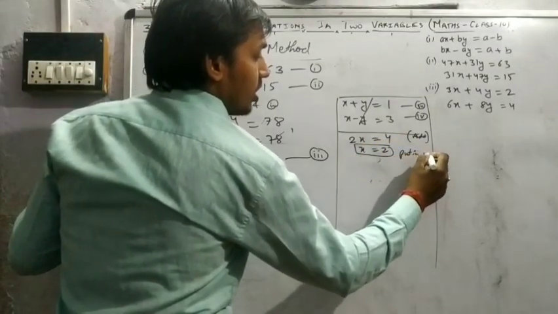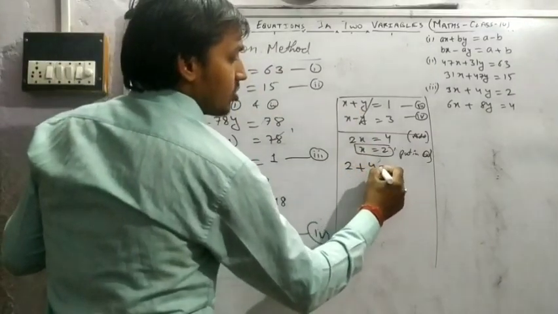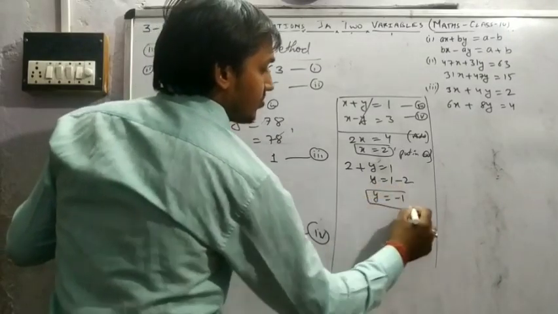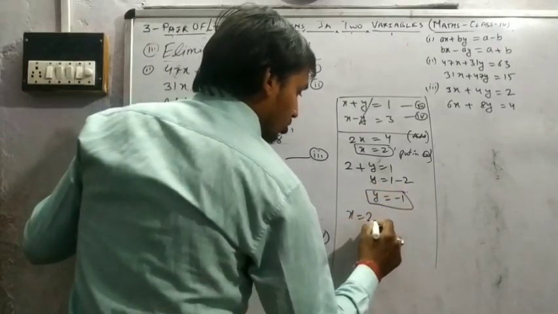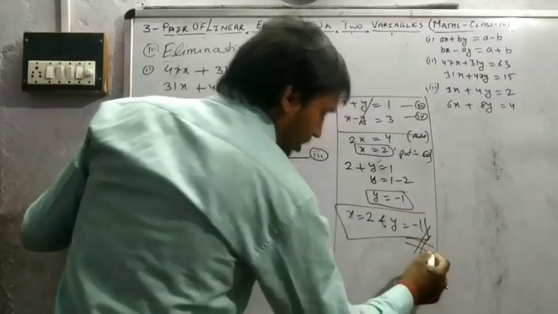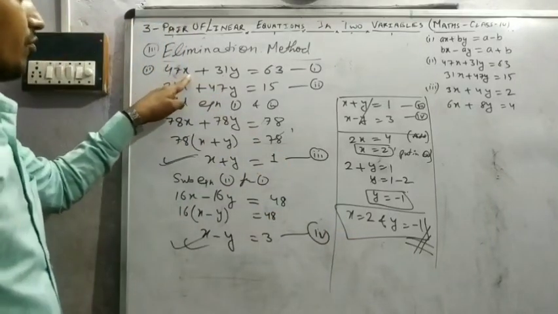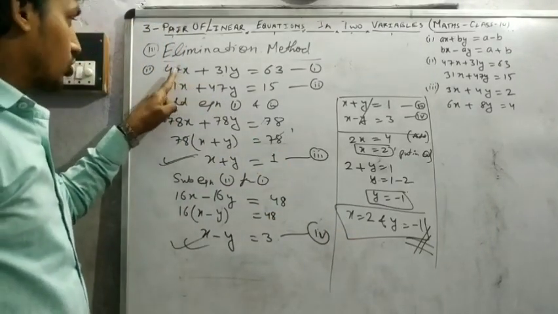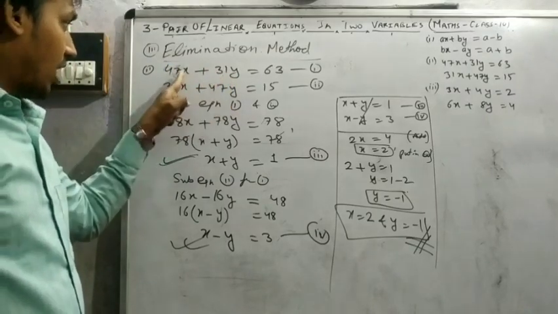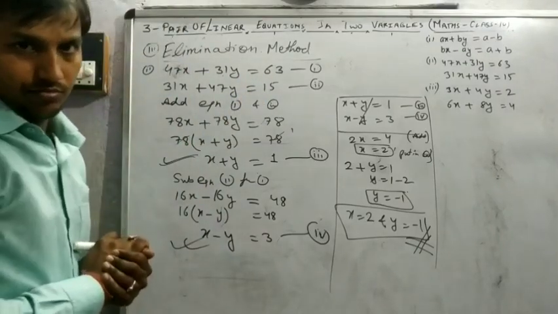Put it in the third equation, not here. 2 plus y is equal to 1, y is equal to 1 minus 2, y is equal to minus 1. So x is equal to 2 and y is equal to minus 1. That's your final answer. You can check by putting it here: 47 into 2 gives 94, and y minus 1 means 94 minus 31, you get 63. It means my answer is right.